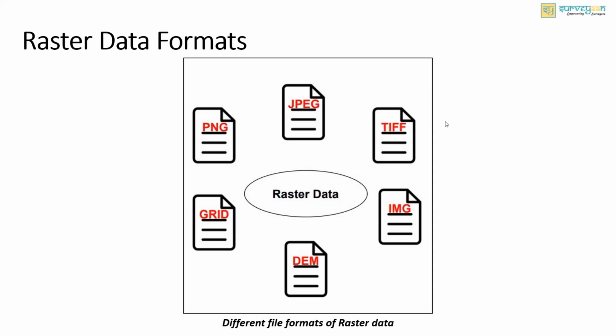The TIFF or the tag image file format is a computer file used to store raster graphics and image information. They store high quality images. They have lossless file compression. Now I will show the TIFF file.